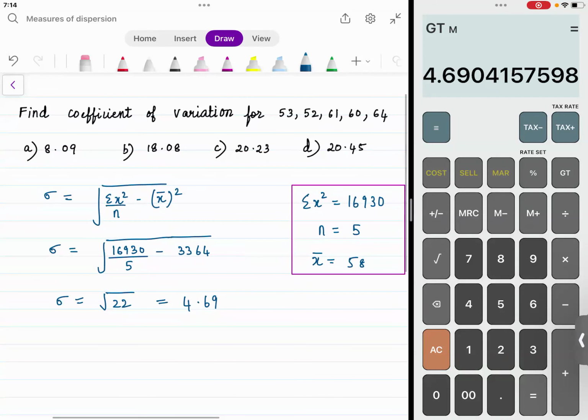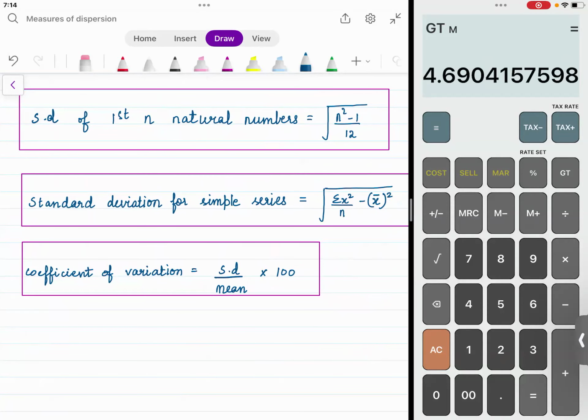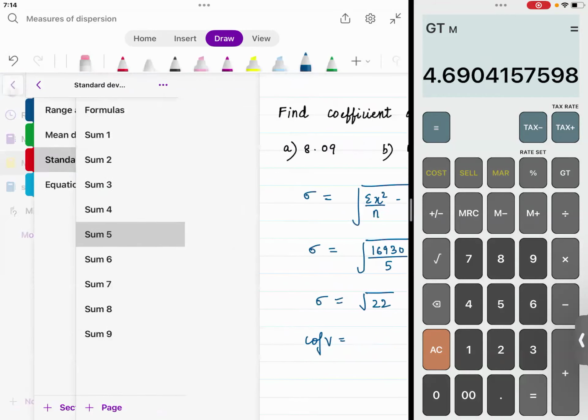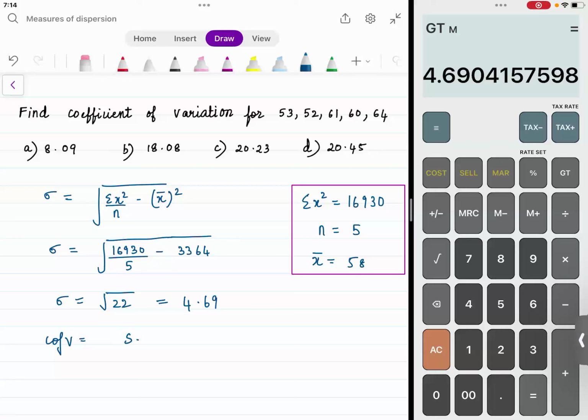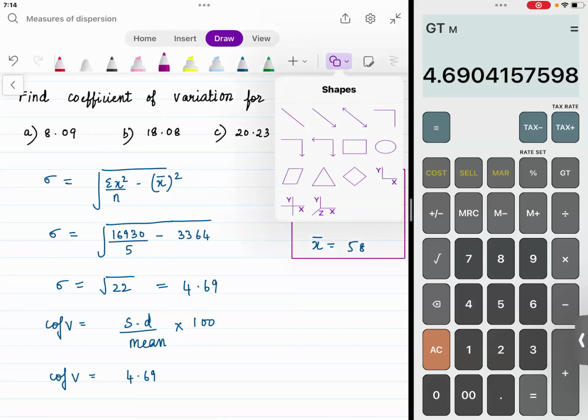They are asking us to find the coefficient of variation. What is the formula we learned? Coefficient of variation is standard deviation divided by mean into 100. So let us use that formula. What's the standard deviation here? Standard deviation is 4.69.